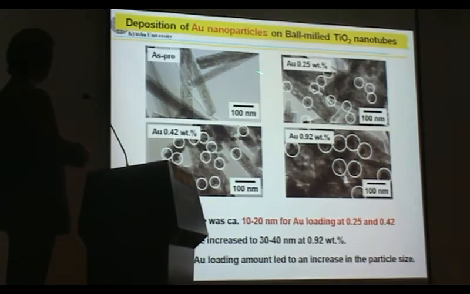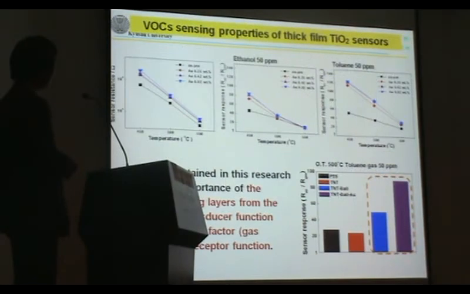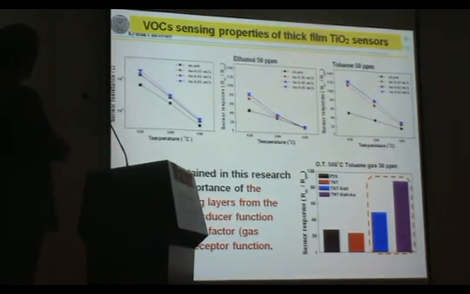And we load the gold nanoparticle on the TiO2 nanotube. This is the gold particle. Finally, this sensor shows a very good sensing property.